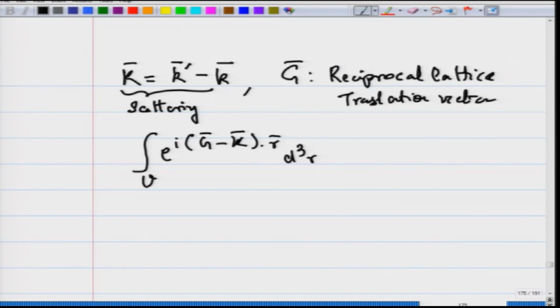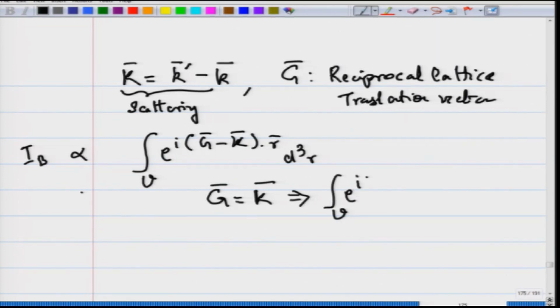We have seen that my scattered intensity at point B is dependent on this value. If you look at this integral for g equal to k, namely for reciprocal lattice translation vectors which are equal to the scattering vector, g equal to k, the above integral e raised to i (g minus k) dot r bar d cube r becomes equal to V, because this will become equal to 1 if you integrate over the volume of the crystal.